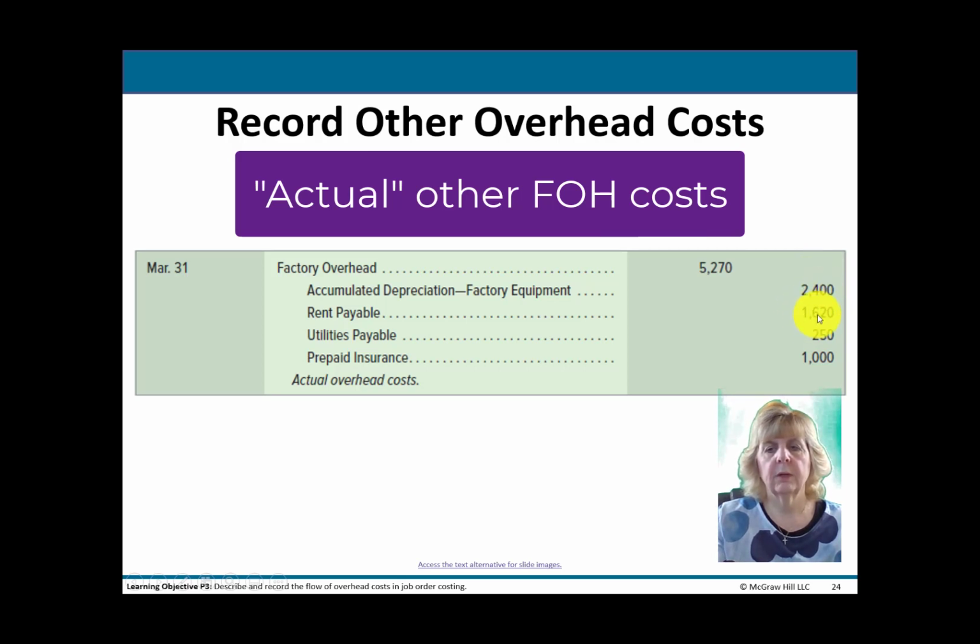This is probably the factory rent that's due. This is probably the factory utilities that are due. And this is some type of a prepaid charge related to the factory. Keep in mind that all these are what we consider actual costs. That's why they go as a debit to factory overhead.